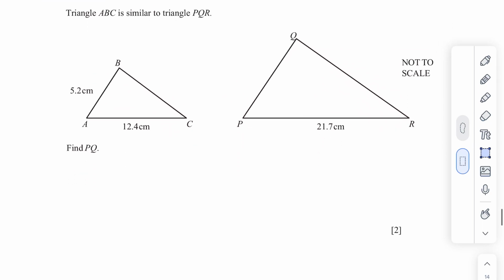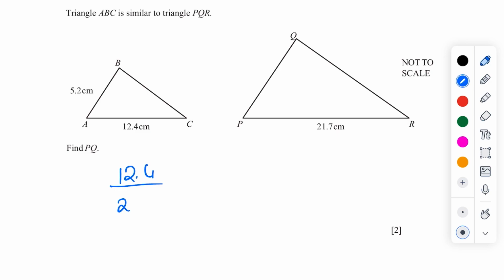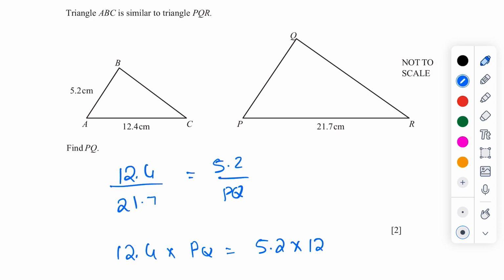Coming to question number 16. So these two triangles are similar, so the ratio of the corresponding sides should be the same. 12.4 divided by 21.7 equals 5.2 divided by PQ. So 12.4 times PQ should equal 5.2 times 21.7.